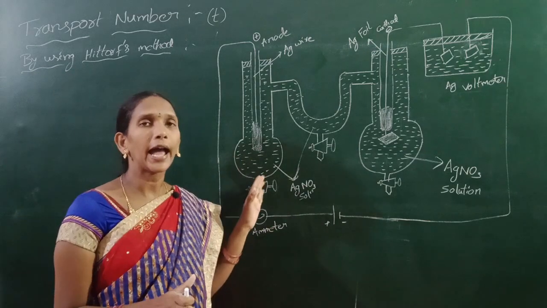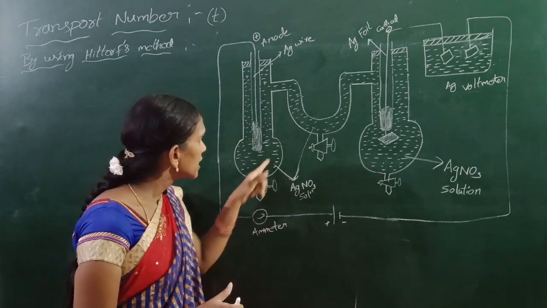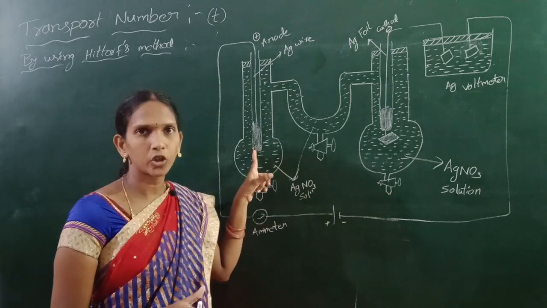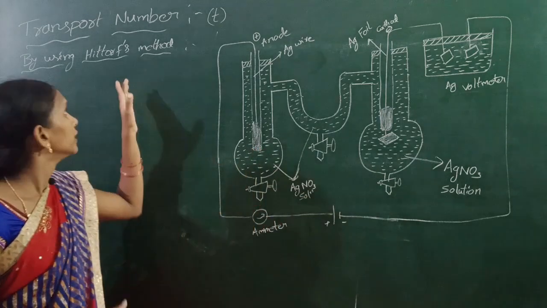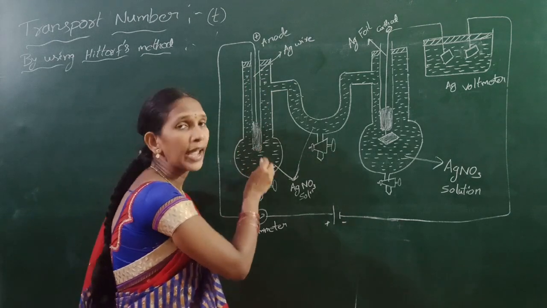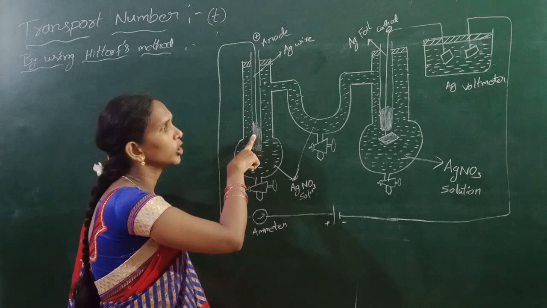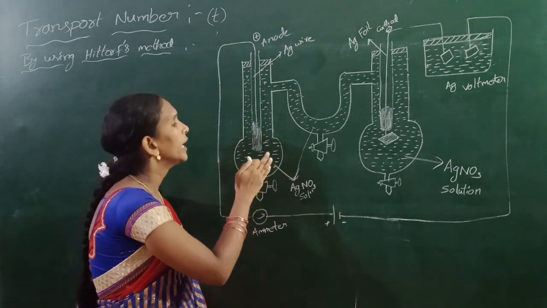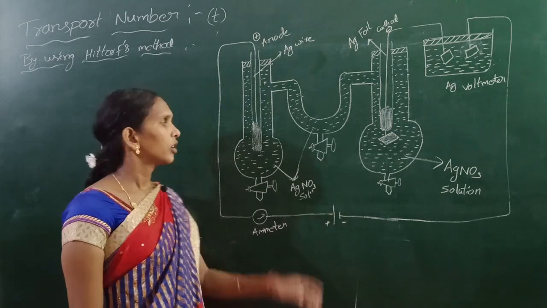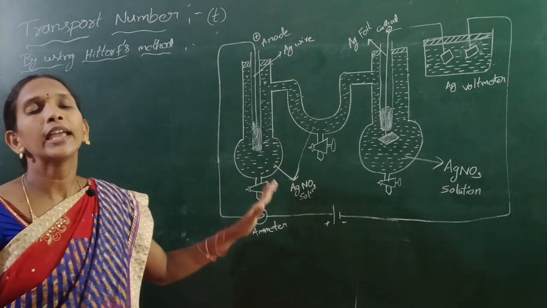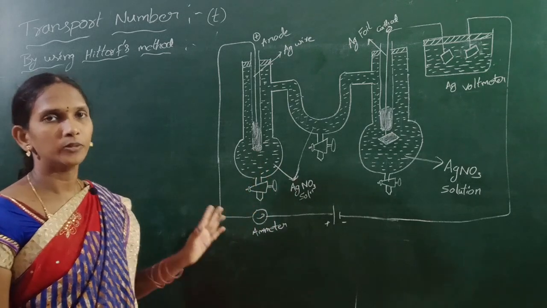This method is based on the principle that the falling concentration around any electrode, both cathode or anode, is proportional to the speed of the ions moving away from the electrode.